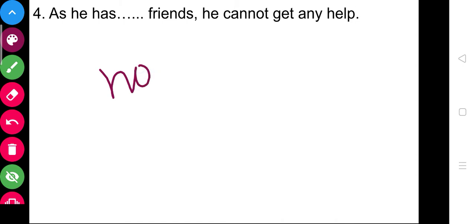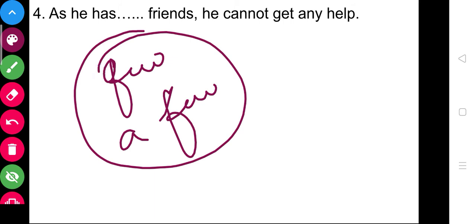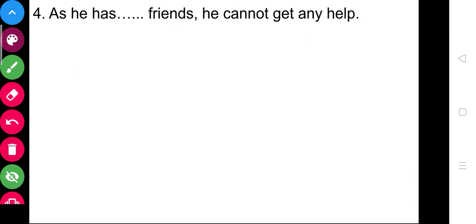As he has less number of friends, or few friends, we can say few or a few friends. Out of these, I would say it would be much better to write no. No is more suitable here. As he has no friends, he cannot get any help.